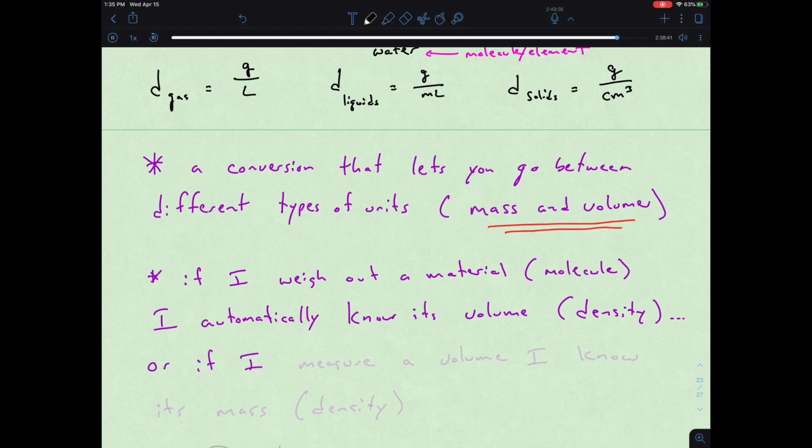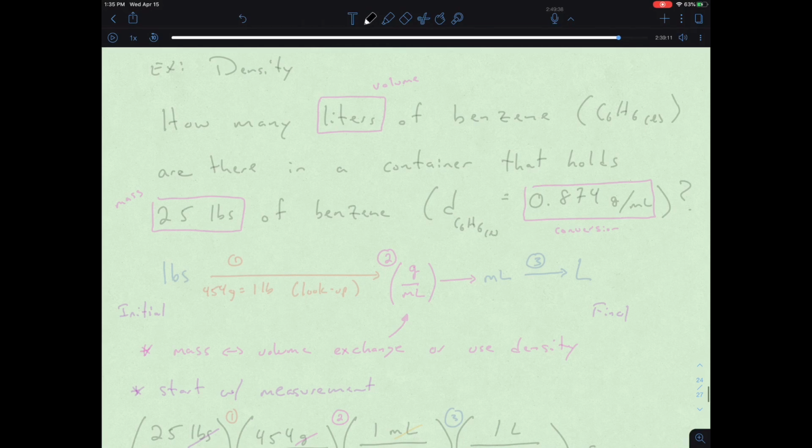Or if I measure a volume, I know its mass. And again, the mass will become important in terms of moles. But this is allowing us to go between two intricately different styles of units, mass and volume. So let's look at an example of this.